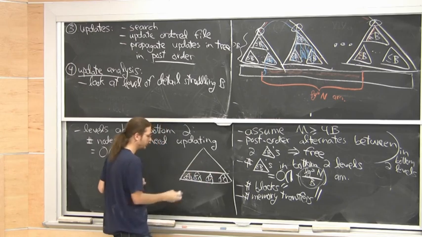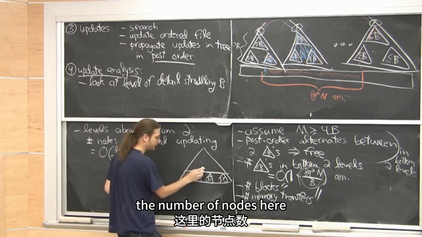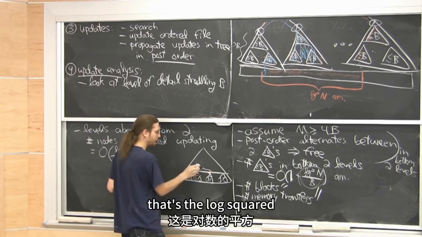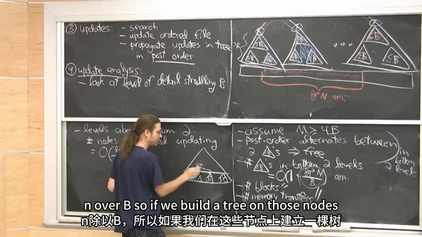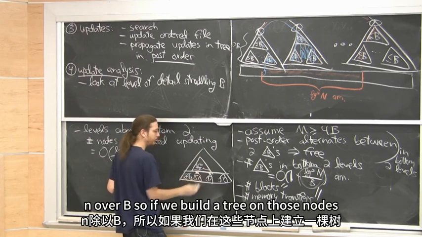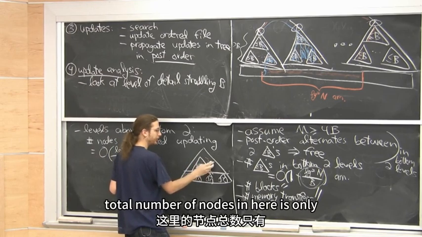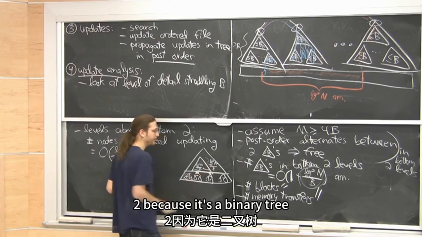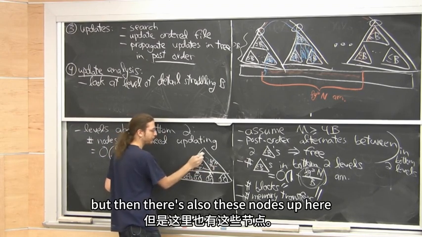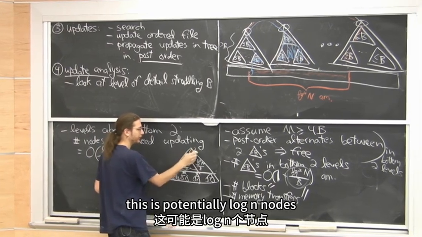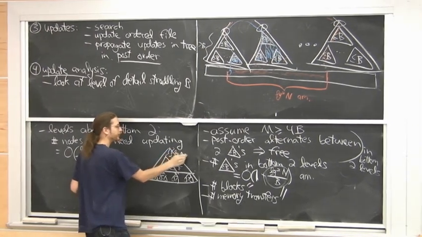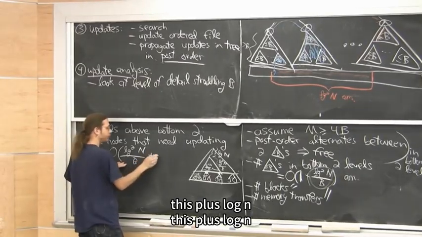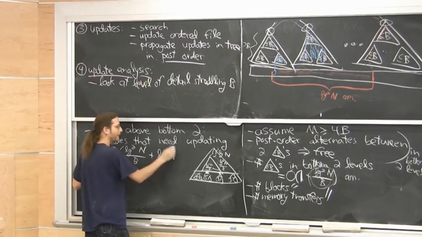Up here, the number of nodes here, these roots that we're dealing with, that's the log squared n over b. So if we build a tree on those nodes, total number of nodes in here is only log squared n over b times 2, because it's a binary tree. But then there's also these nodes up here. This is potentially log n nodes. So the number of nodes that need updating is at most this plus log n.